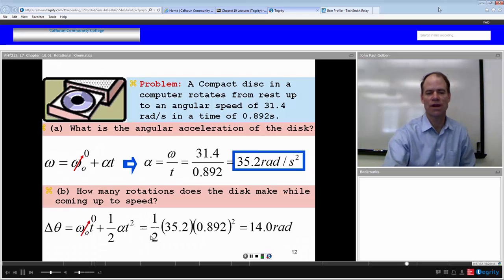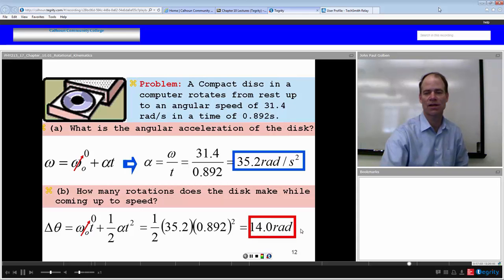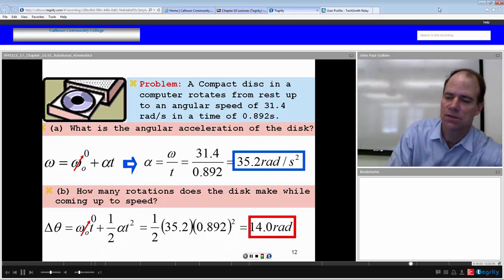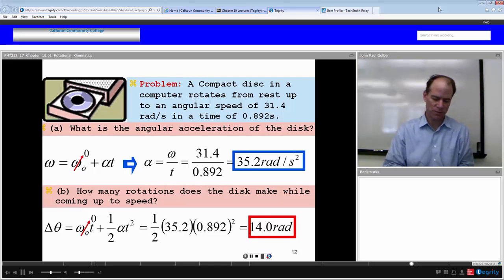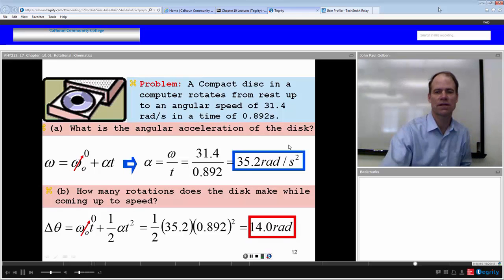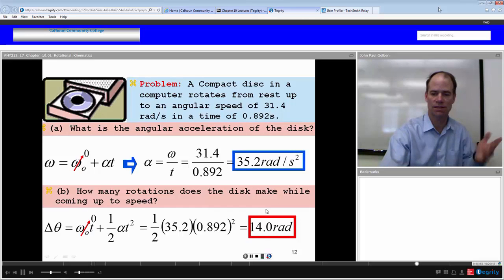So it's 1/2 times alpha times t squared, 1/2 times 35.2, 0.892 seconds squared, 14 radians. And if we want revolutions, we need to divide that by 2 pi. So if I take 14 divided by 2 pi, I get 2.23 revolutions. So that would correspond to 2.23 revolutions, or in this case, rotations.